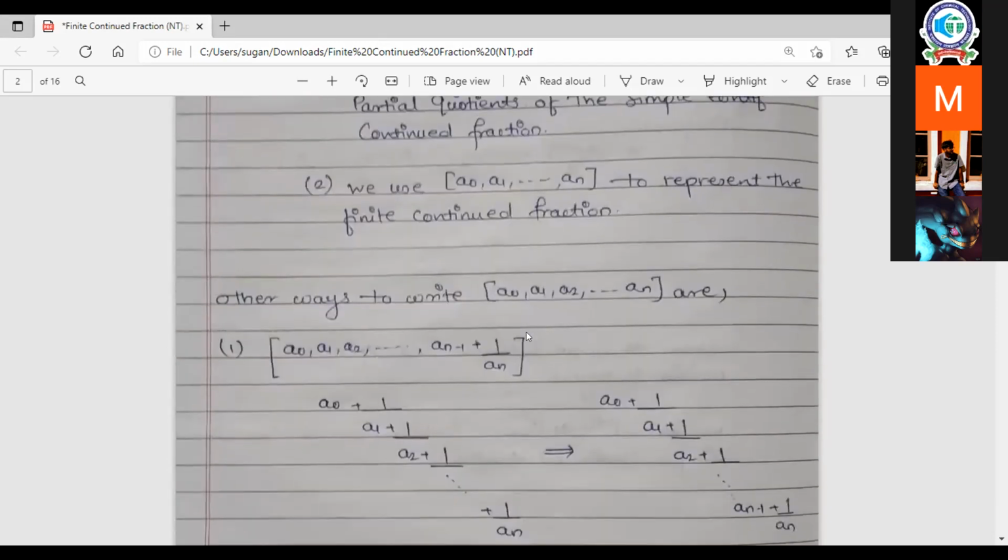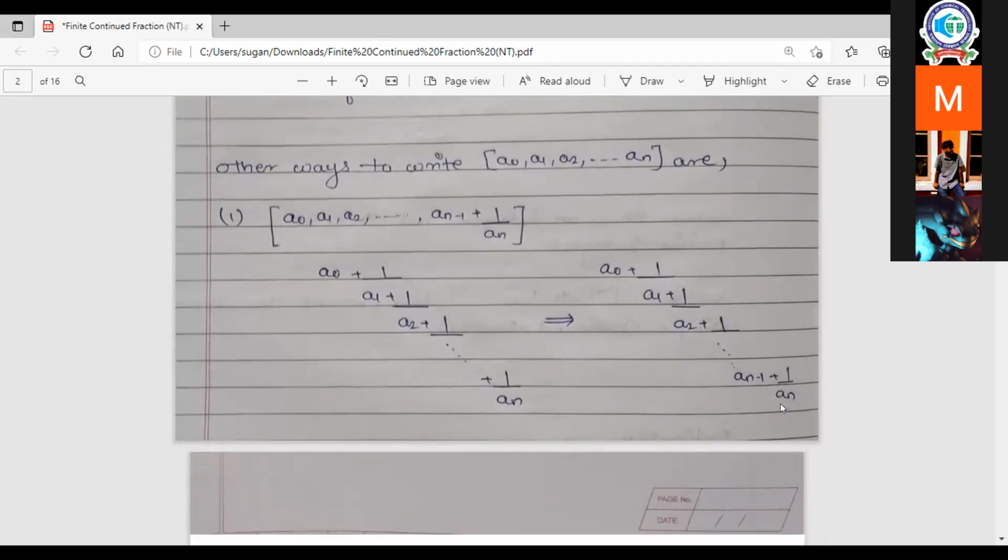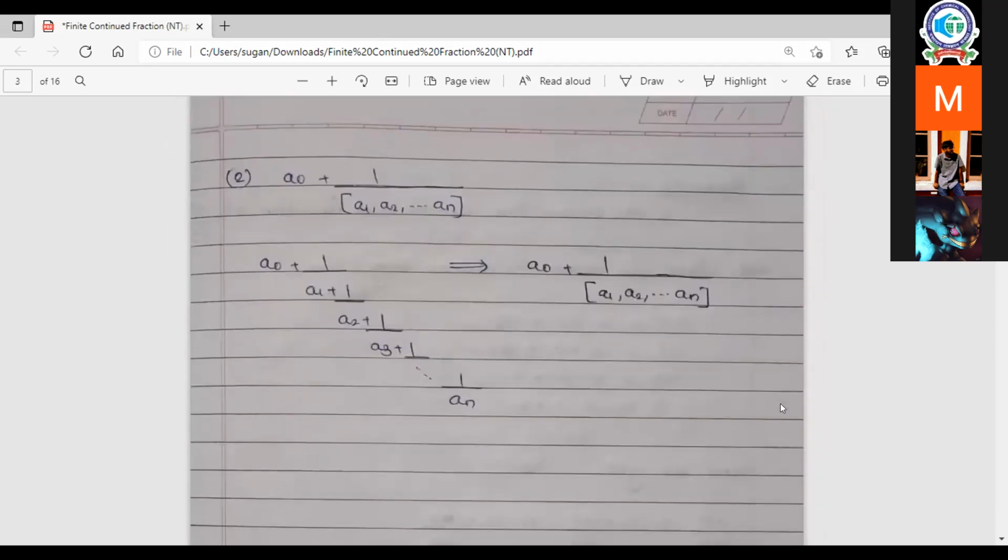There are other ways to write these continued fractions. The first is a0, a1 up to an minus 1 plus an. Since we have this continued fraction, we can write the last term an as an minus 1 plus 1 upon an. And the second one is a0 plus 1 upon the continued fraction a1, a2 up to an.